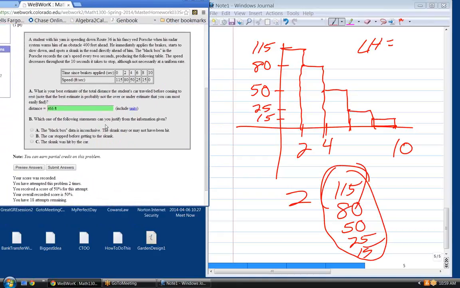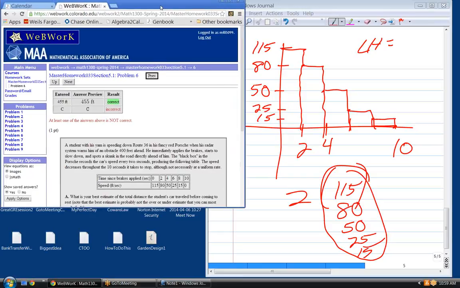So which of the following statements can you justify? The black box, the skunk may or may not have been hit. I think the skunk got hit. If it was 400 feet ahead, there's no way you're going to stop, maybe 430, 440, but certainly not 400.